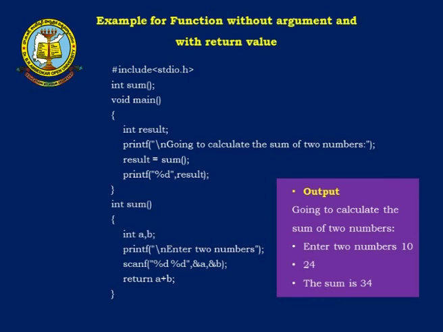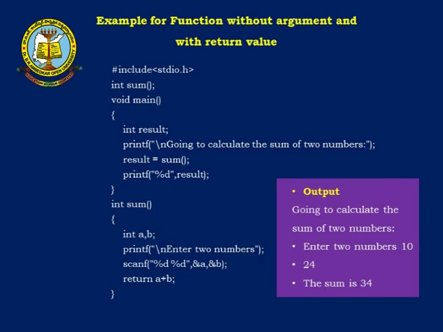That is the reason we are writing return a plus b. So, what is the value of a plus b? That will be evaluated first. After that, that value will be returned to the calling place. Where we have the calling place? This one. The sum of the a plus b will be available here. After that, that value will be assigned to the variable result. Then I can print that value.